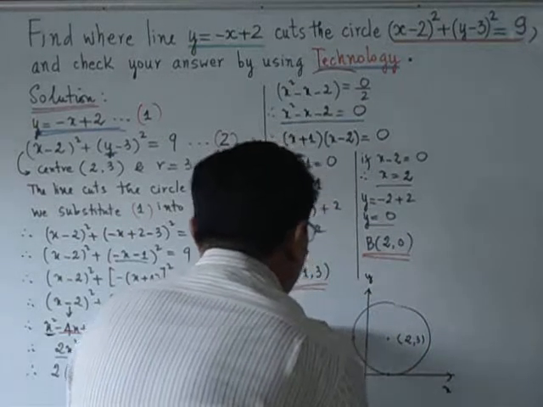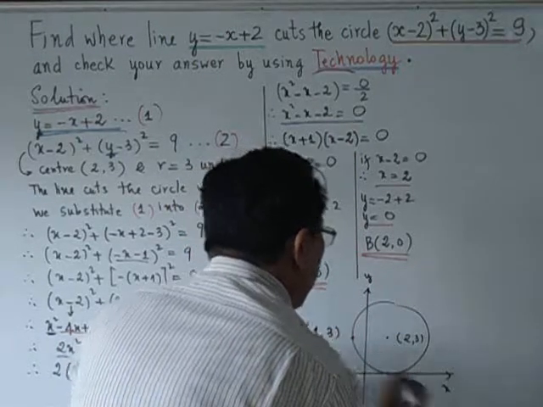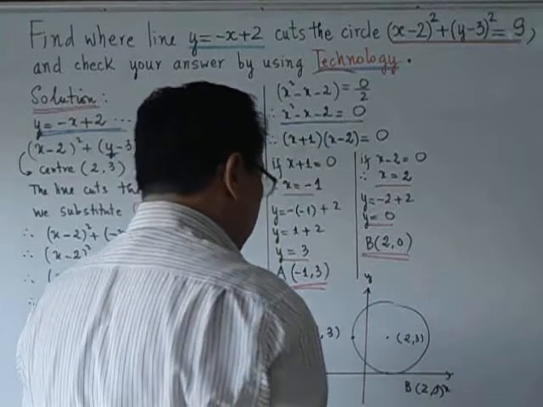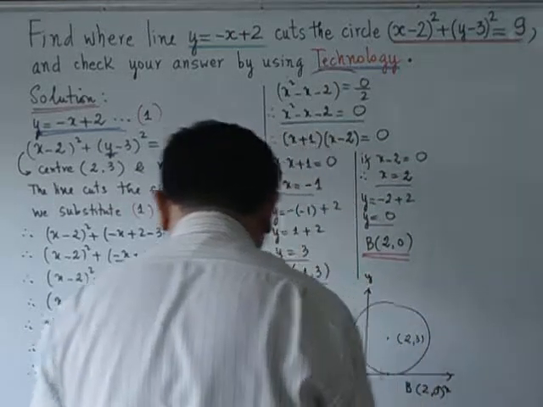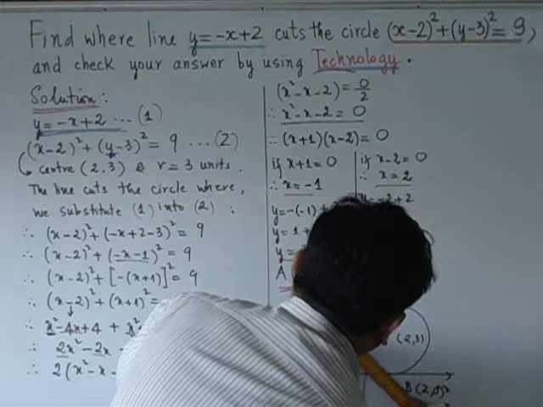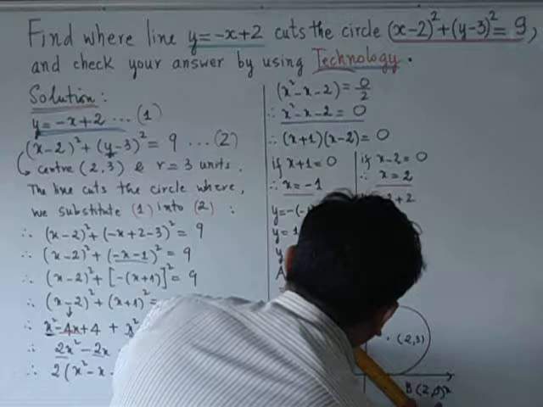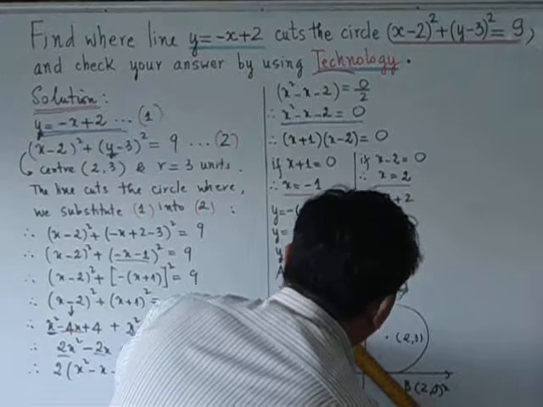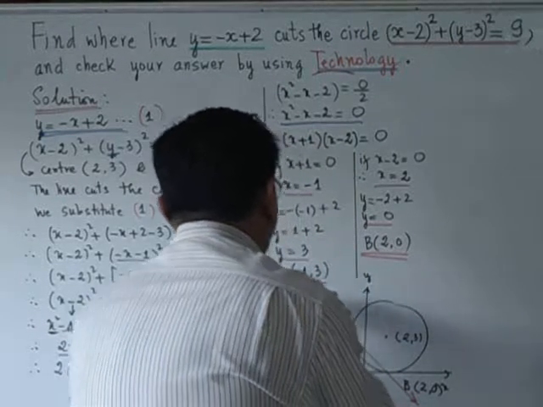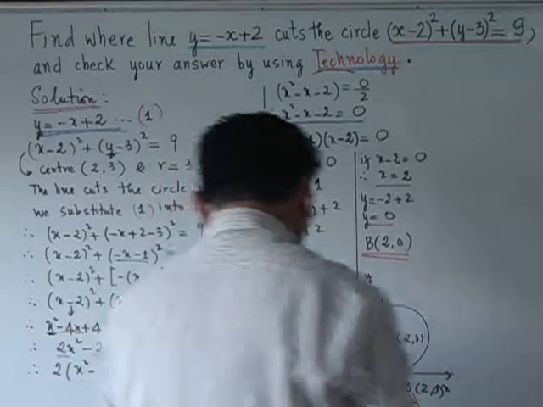We have point A (minus 1, 3) and point B (2, 0), and this line with y equals minus x plus 2.